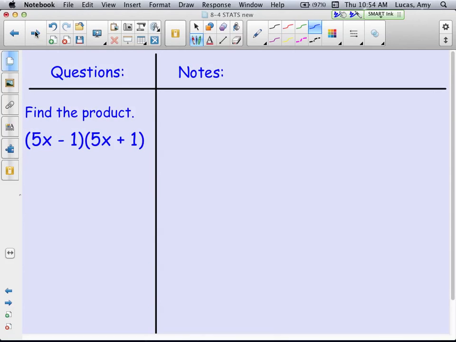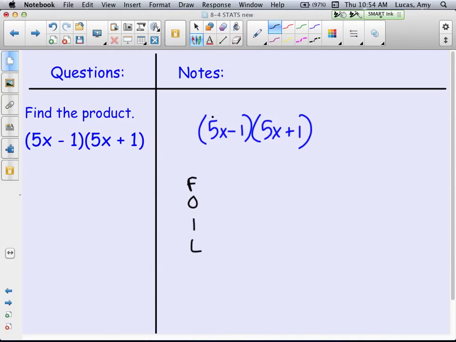Our next one, find the product. 5x minus 1 times 5x plus 1. Smiley face again. 5x times 5x is 25x squared, which is a perfect square. Outside, 5x times 1 is 5x.